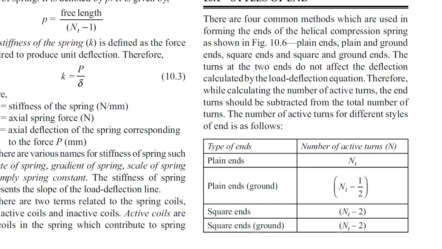For the plane end which is also ground, it is NT minus half. If it is a square end, you have to subtract 2 from the total. And similarly, for the square and ground end, it is total minus 2. Likewise, you have the different types of end and their active number of turns.